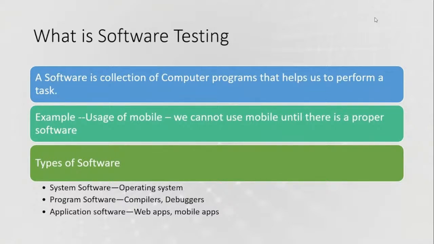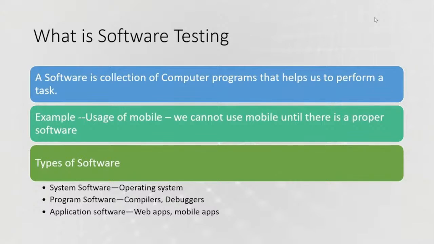With the help of that particular software, you start using it in your mobile, correct? If you don't have a proper software, what happens? You cannot access that particular LinkedIn or Naukri or any other profile, right? So that is called a software. The example is the same thing which I've explained. We cannot use a mobile until there's a proper software. If you don't put a proper software, it will not act according to how we are expecting. Okay, so that is called a software.